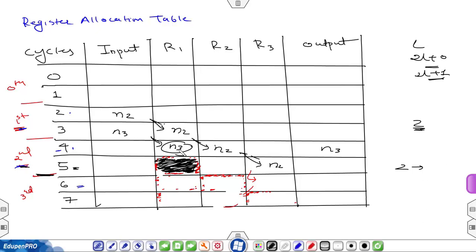Now coming to the fourth cycle, R1 is occupied by N3. So in the next iteration, that is the third iteration, during sixth cycle, R1 will be occupied by the output generated by node number 3 in some iteration.